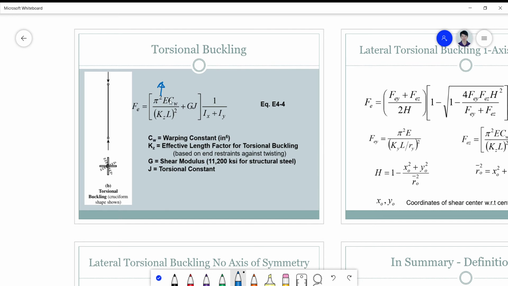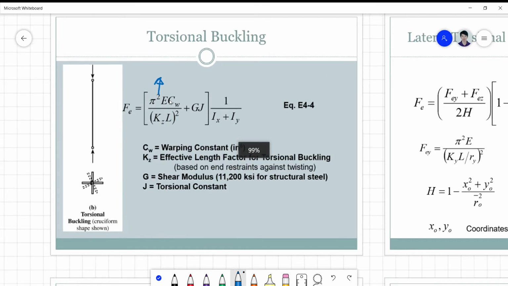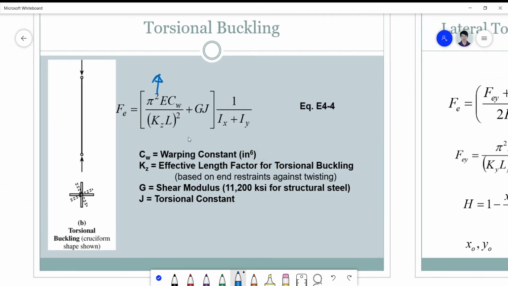So we just replaced the moment of inertia with a warping constant here.